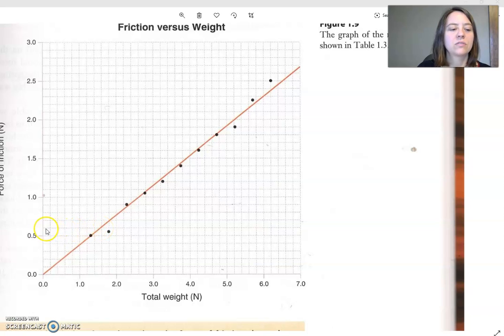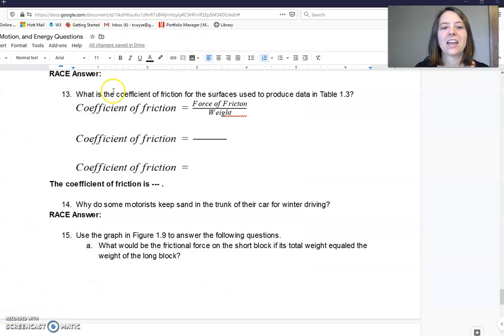Then find your force of friction and your weight, sub in the force of friction here and your weight here, divide those to get your answer, and write it in a RACE sentence. The coefficient of friction is... and just a reminder, newtons is the unit for friction, newtons is the unit for weight, so they cancel out and you have a pure number with no unit.